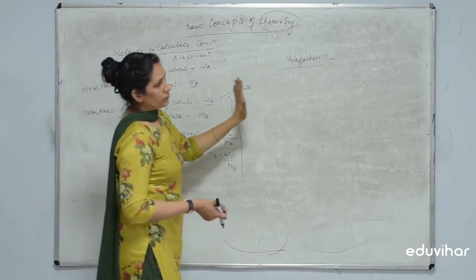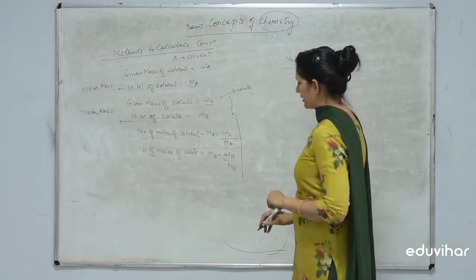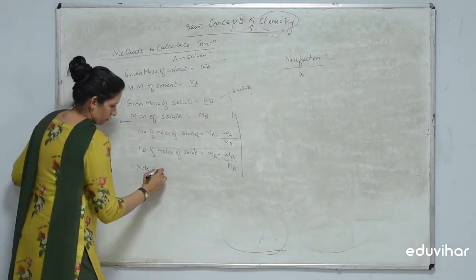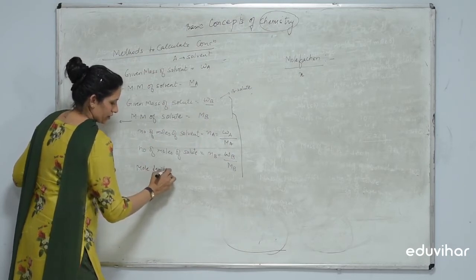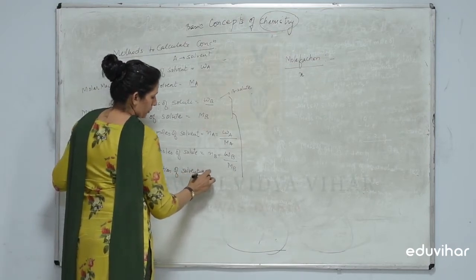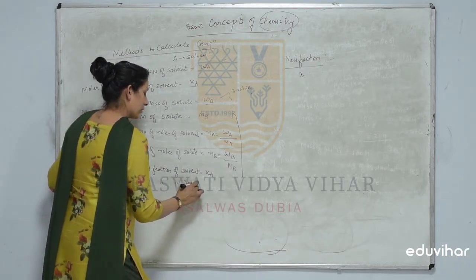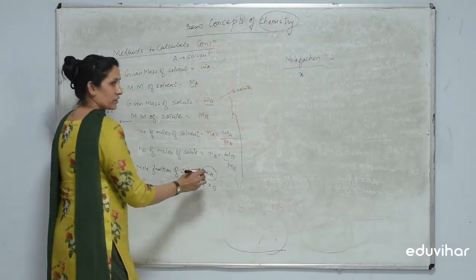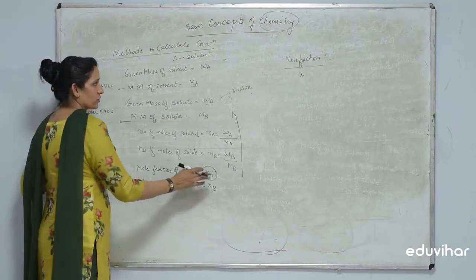Next, the mole fraction. What is mole fraction? Mole fraction is represented by X. XA is the mole fraction of solvent, XB is the mole fraction of solute.